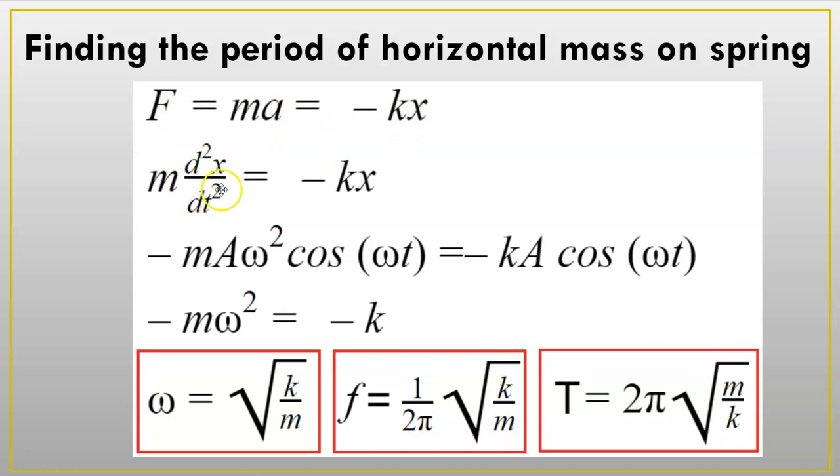Well, a is the second derivative of x. If you're in first semester physics, the algebra-based physics, don't worry about all this mess in the middle. We're going to get to a box at the bottom that you want.